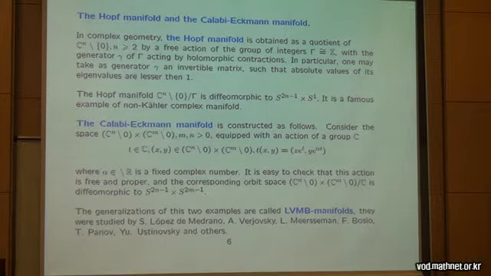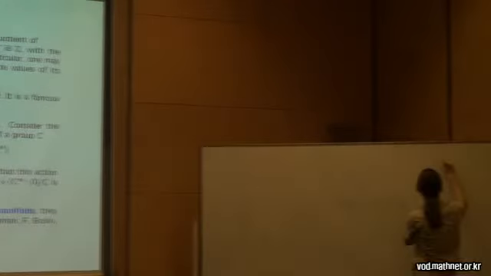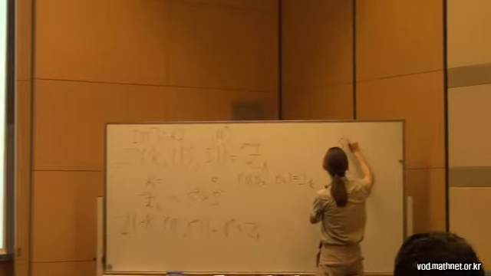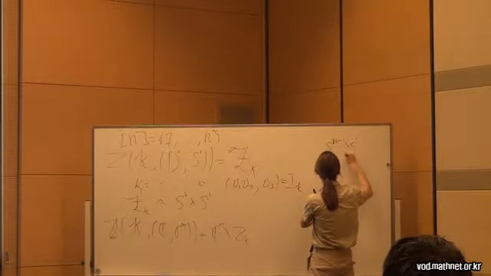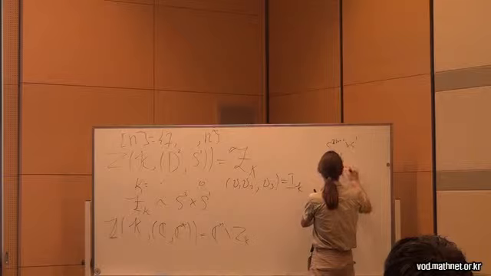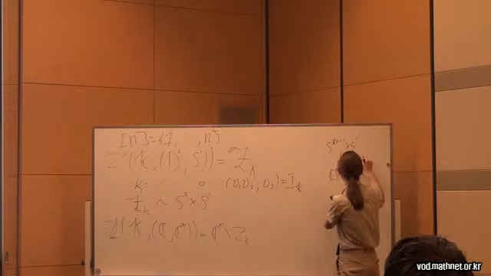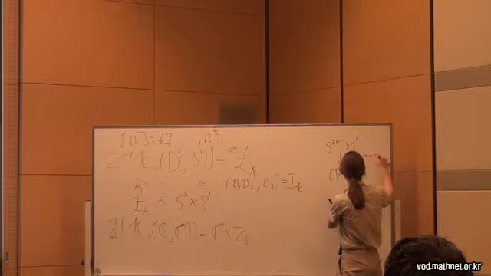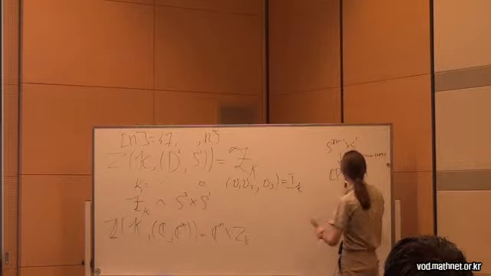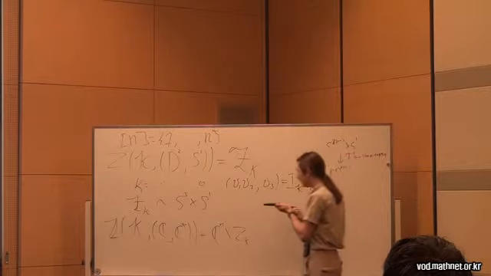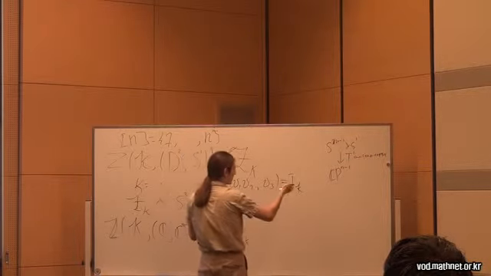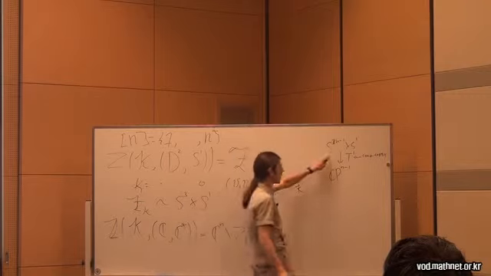And in some cases, the Hopf manifold is just a principal bundle S^(2n-1) over CP^(n-1), where the fiber is the one-dimensional compact torus S^1, and CP^(n-1) is the projective space. Okay, in some cases this is true, but in some cases we don't have this fiber bundle.